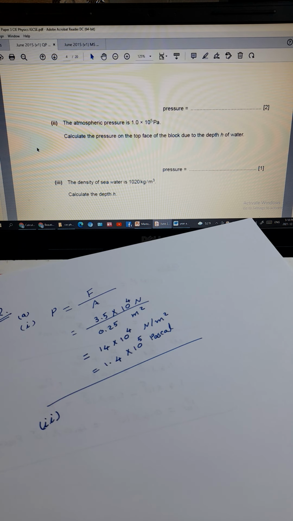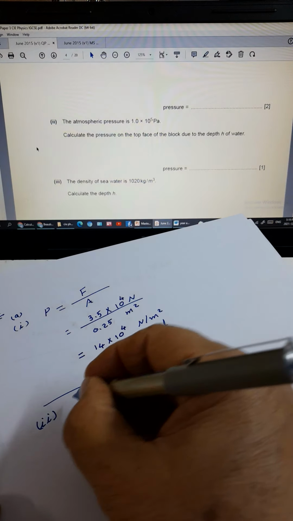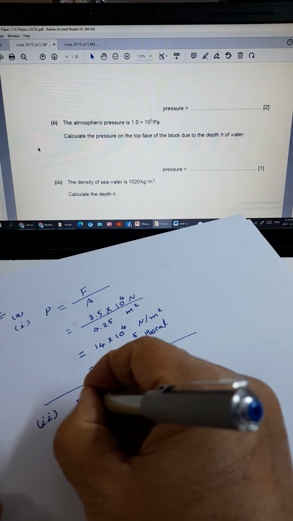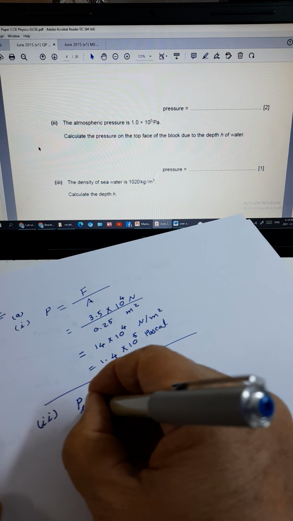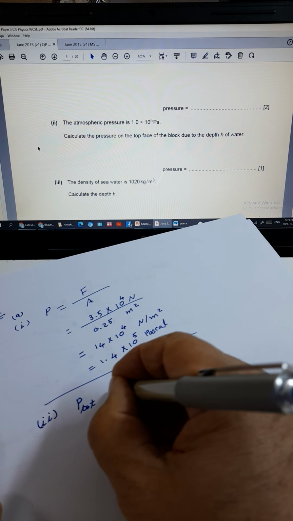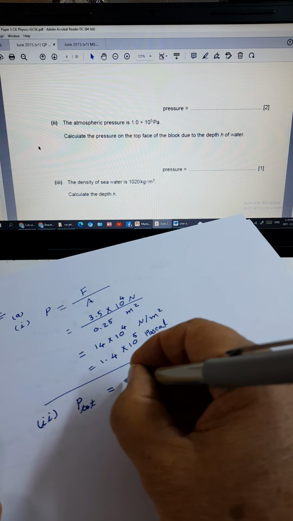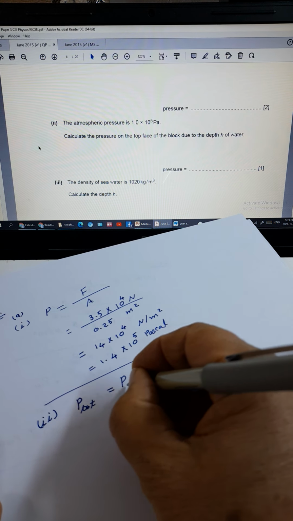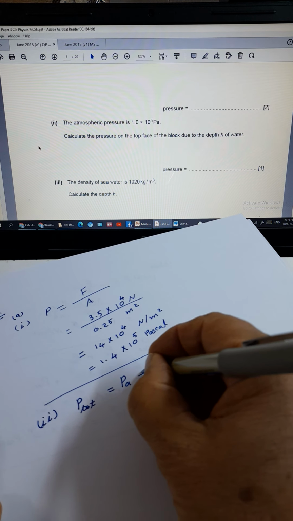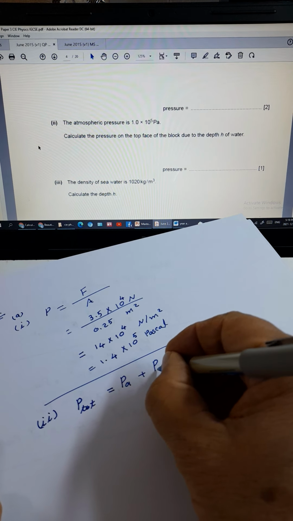Double I, the atmospheric pressure is 1.0 times 10 to 5 Pascal. Calculate the pressure on the top face of the block due to the depth h of water. Now the total pressure, P total, equals P atmosphere plus P of water.